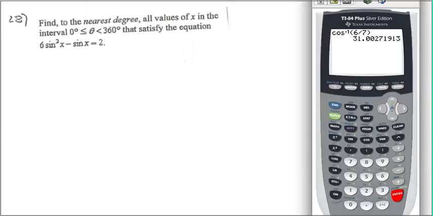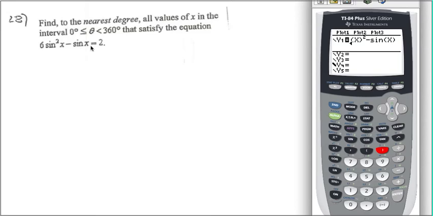Find the nearest degree. So this sounds like a nice question for us to do with the calculator. Six sine x squared minus sine x.